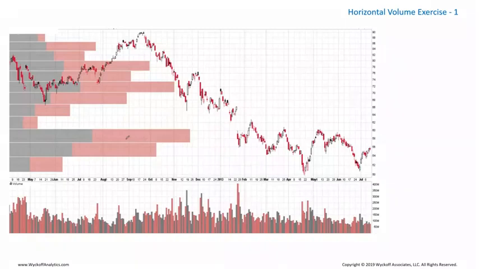Let's do it. Okay, so we're coming into some kind of formation right here. First of all, let's quickly think about the bias here. What do you think the bias of this formation is? What do you think the bias of this trading range is?